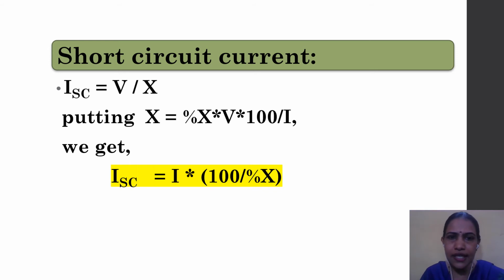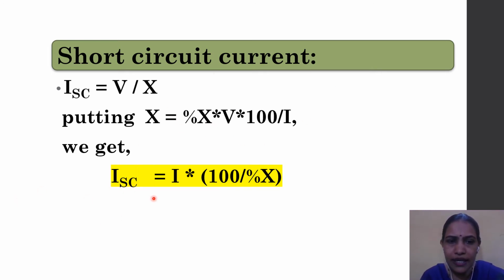Next point is short circuit current. Now what is short circuit current? If phase voltage is there and phase reactance is known to you, then you can easily find out ISC, short circuit current, which is equal to V divided by X. Now, as I am saying that percentage reactance, or per unit reactance, is very important in calculation, we are representing this X in terms of percentage.